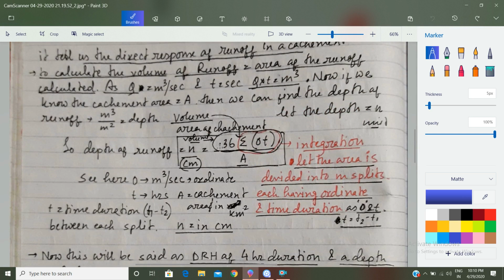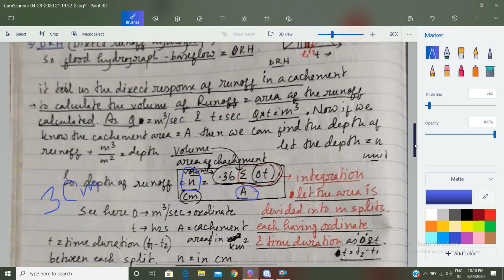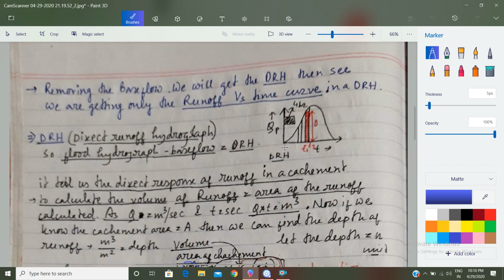Suppose the depth comes as 3 centimeter. It means 3 centimeter depth of runoff occurred throughout the catchment of area A, producing a direct runoff hydrograph like this.